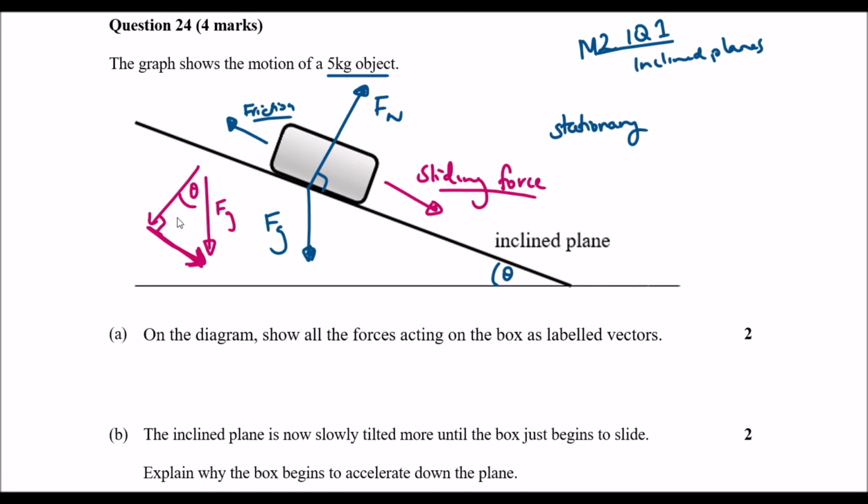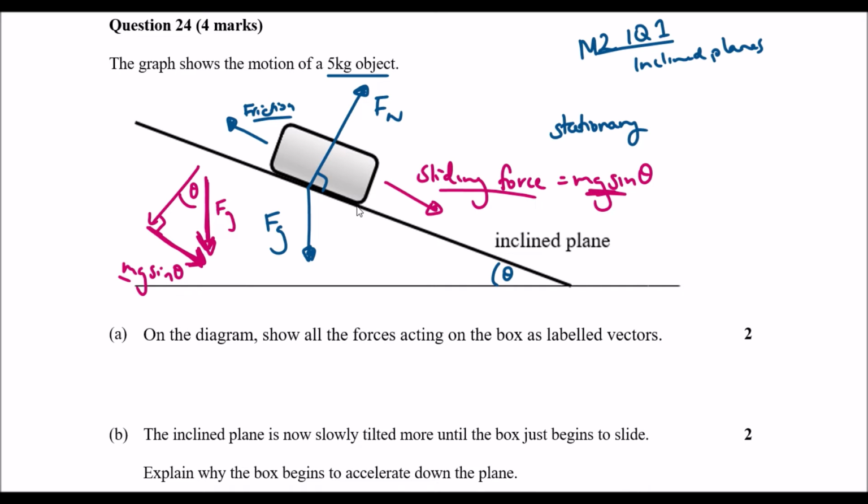If we were to derive it, that's sine theta, because we have the opposite side and we have the hypotenuse. So it'd be mg sine theta, mg being Fg.